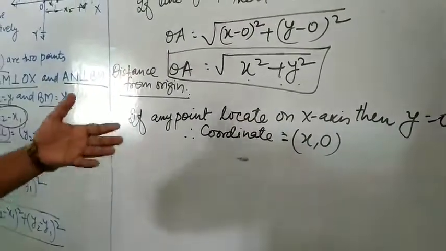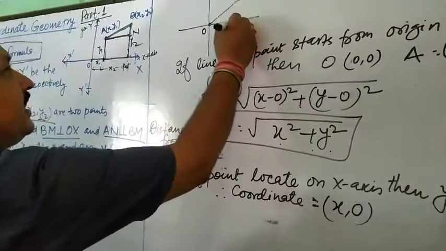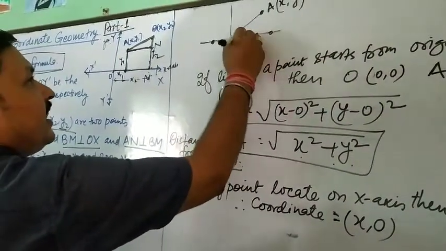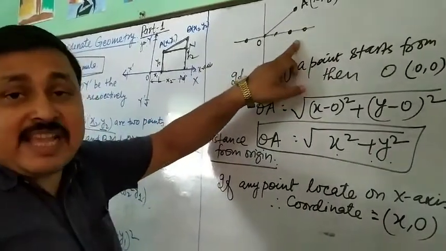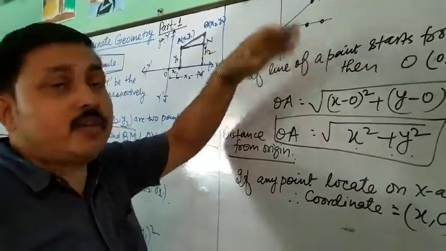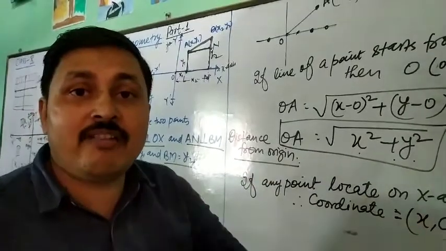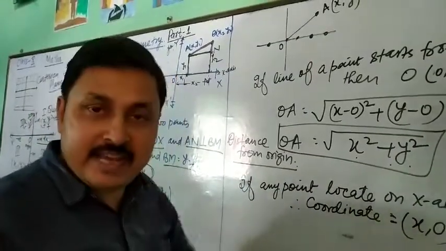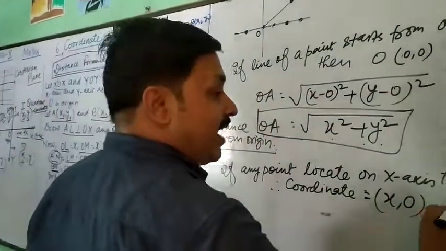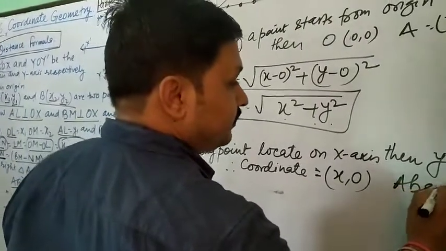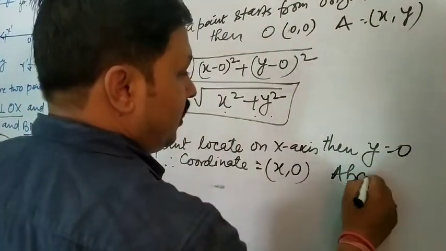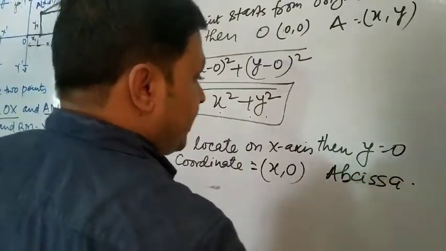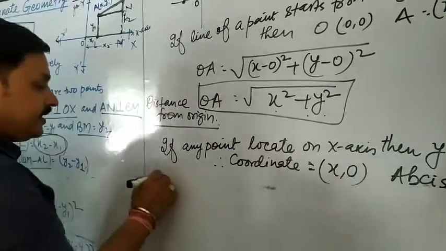If we locate a point anywhere on the x-axis, that means y equals 0, and only the value of x should be written here. This is called abscissa.